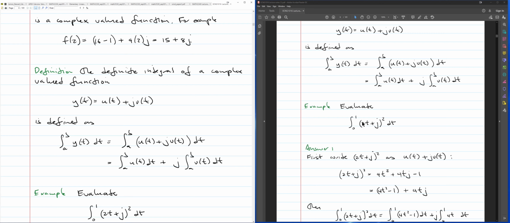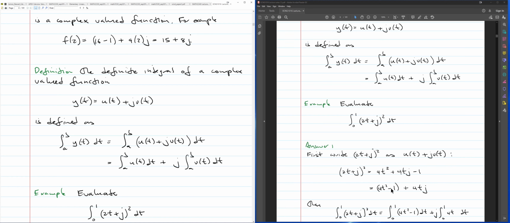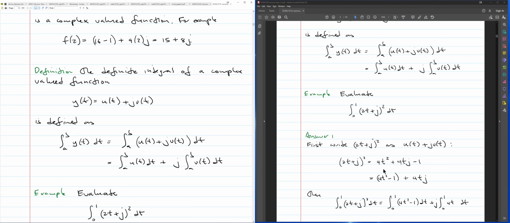If I expand out the 2t plus j squared using basic laws of complex arithmetic, I'm going to end up with 4t squared plus 4tj plus j squared, which is minus 1. And I can separate the real and imaginary parts as 4t squared minus 1 plus 4tj.